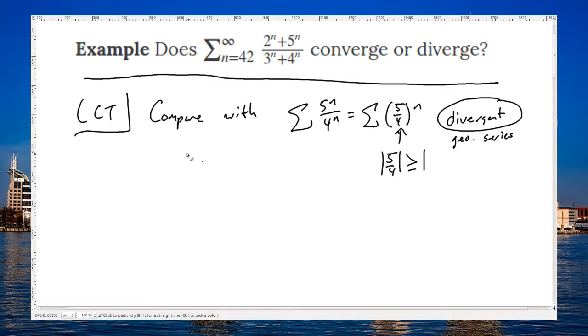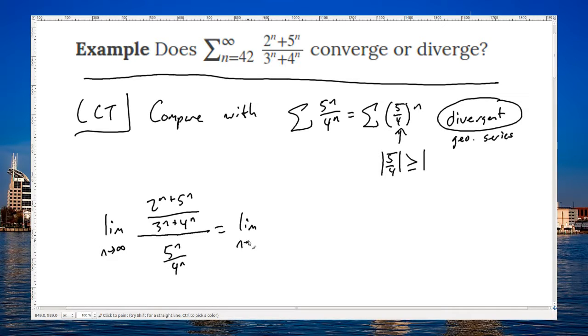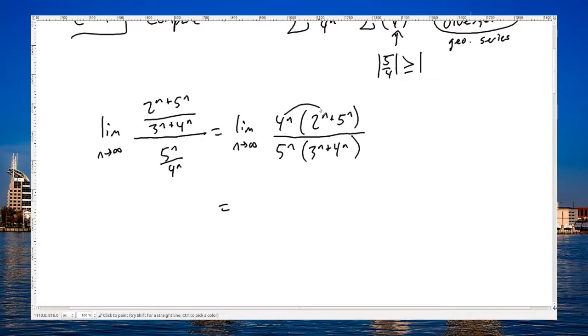So this should diverge. To prove this, I'll take the limit as n goes to infinity, and I'm going to compare 2 to the n plus 5 to the n over 3 to the n plus 4 to the n. Divide that by 5 to the n over 4 to the n. So I'll flip the bottom. 4 to the n, 2 to the n plus 5 to the n, all over 5 to the n, 3 to the n plus 4 to the n. Multiply these out.